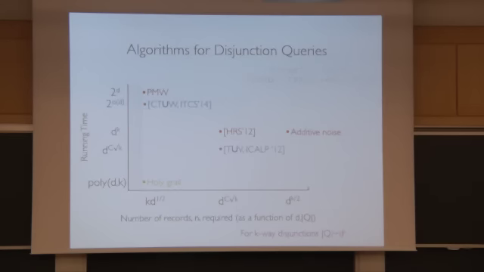What we showed in work from last year with Chandrasekaran, Thaler, and Wan is that for k-way disjunctions, you can get a sub-exponential time algorithm. The running time is exponential in something smaller than d, but it still requires only something very close to the limit of how much data you need.